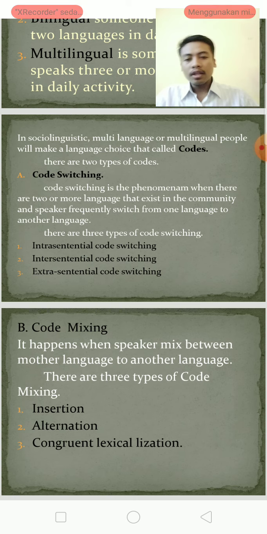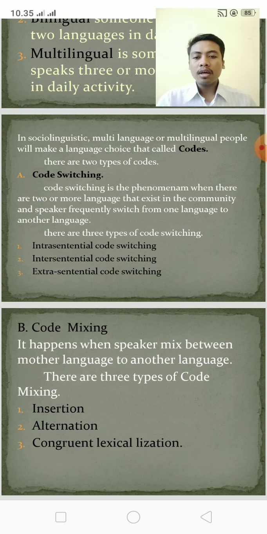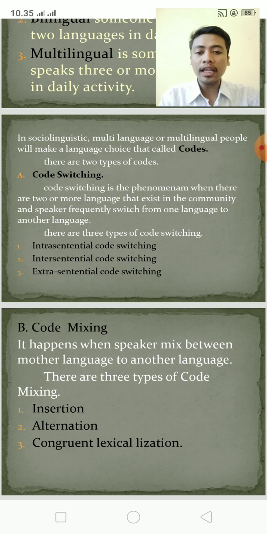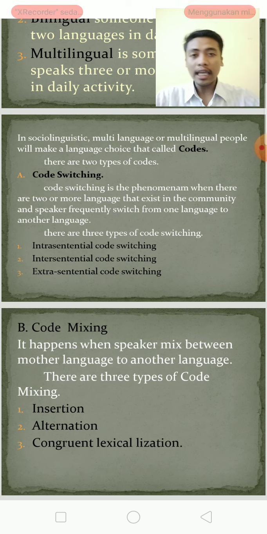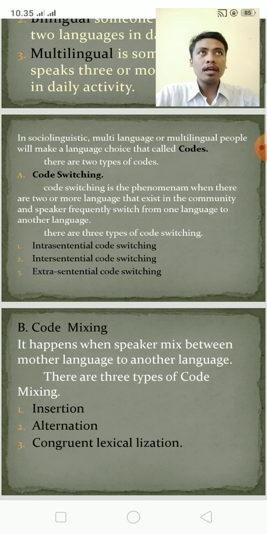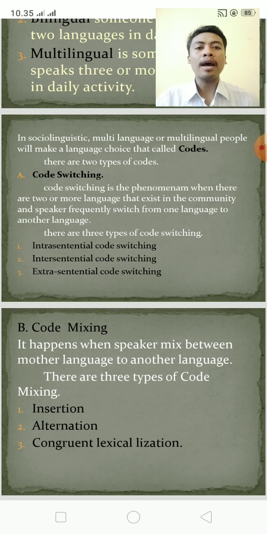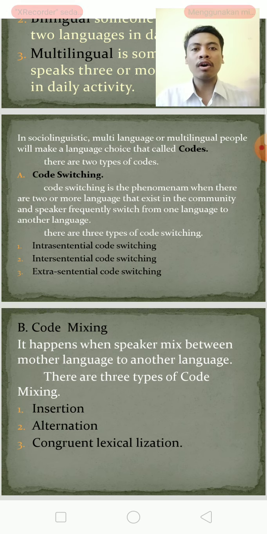The last type is congruent lexicalization. Congruent lexicalization is like our language being influenced by a dialect.